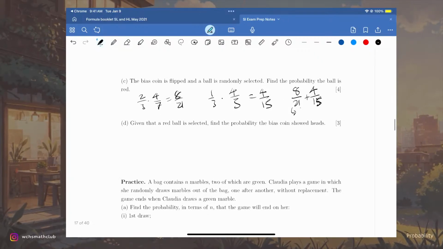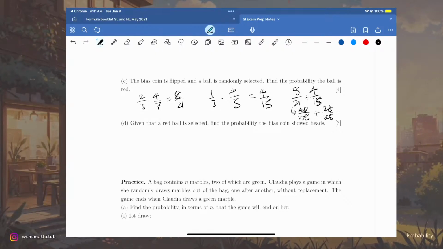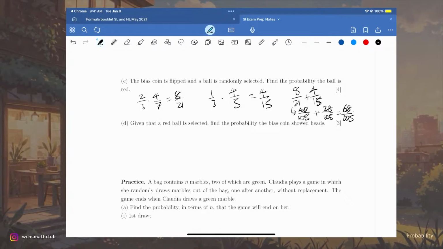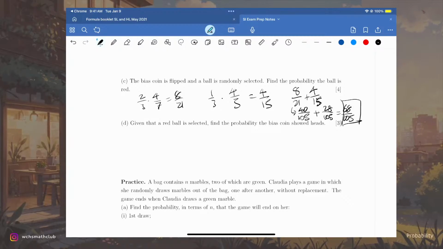You can choose whatever method you like. All of them work. Equals 68/105. And let's see if the top and bottom have any common factors. Top is 2 squared times 17, so it doesn't matter. 2 squared times 7. Yes. Okay, so this would be our final probability.